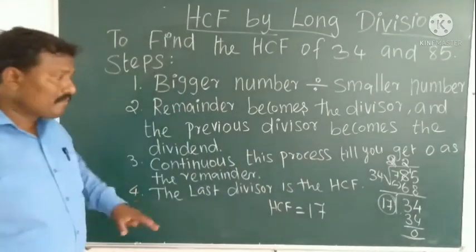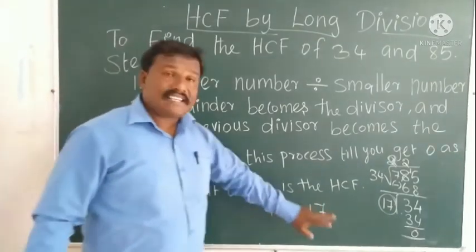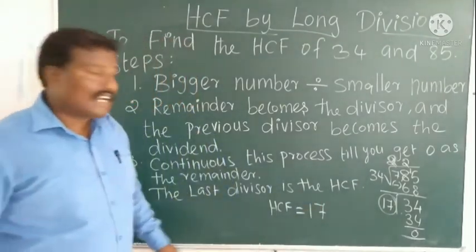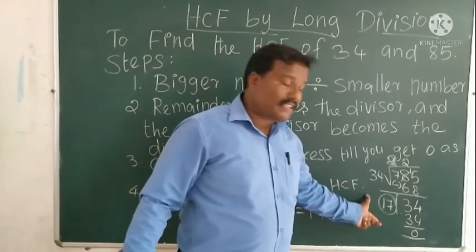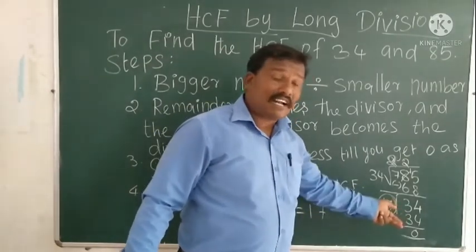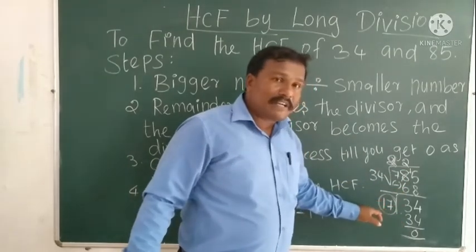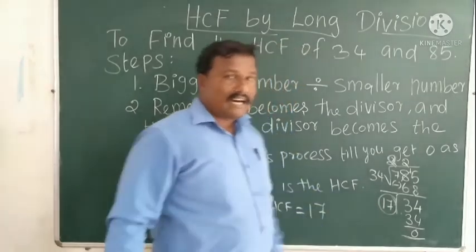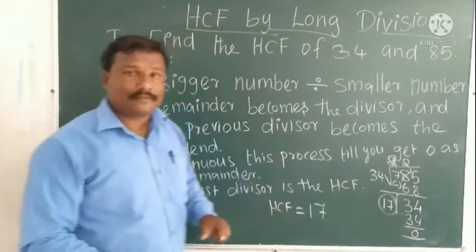Then fourth step, the last divisor is the highest common factor. 17 is the highest common factor. It was the remainder of 85 minus 68, but now it becomes a divisor. So this is the highest common factor of 34 and 85.